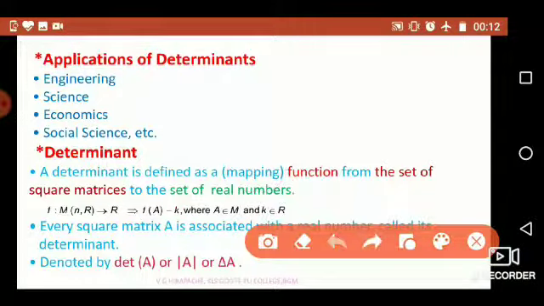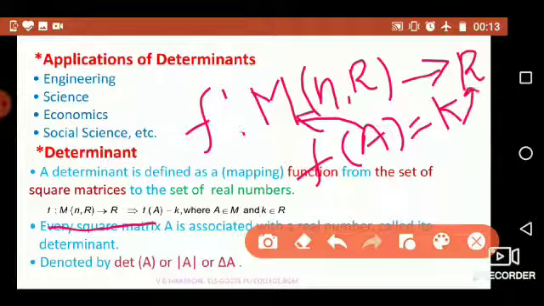Now f of A is equal to some constant k. Here A belongs to the set of matrices of order n and k belongs to the real numbers, a unique number.